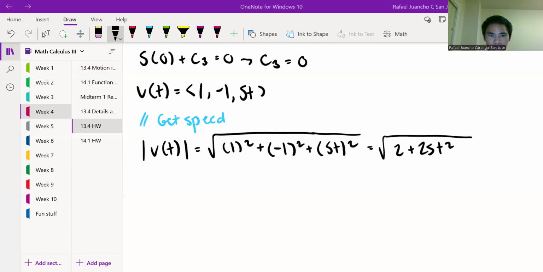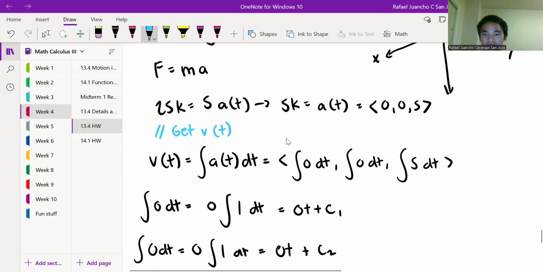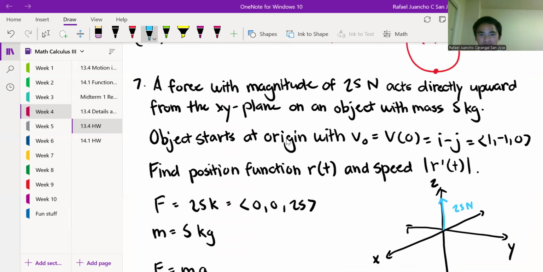Oh, I just realized something, and it wasn't obvious. I can actually get my r of t. You know why? Because I have this info here. Object starts at the origin. And so what does that mean in math?